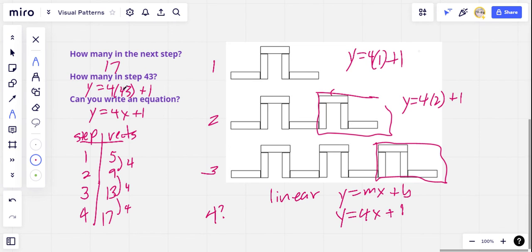So let me do that in my head. 4 times 40 is 160, and 4 times 3 is 12. So it's 172 plus 1, which equals 173. So that's how many rectangles there should be in step 43. If you want to draw that one out, it might take you a while, but I think you'll find you get 173 rectangles in step 43.